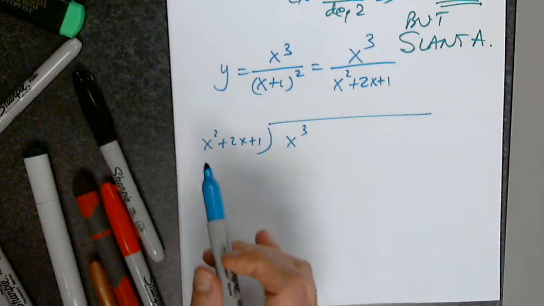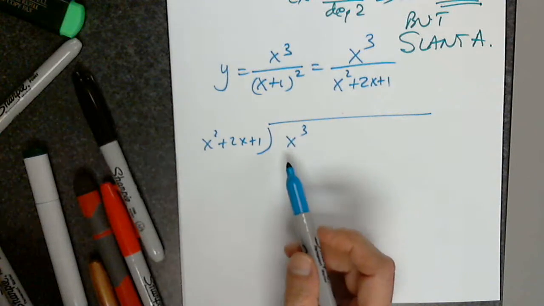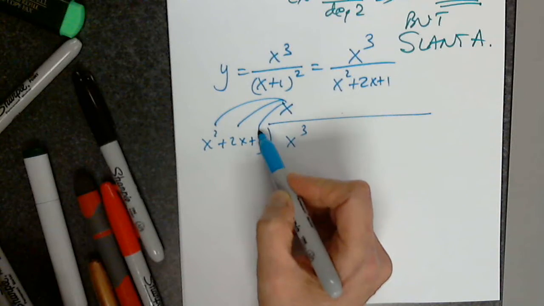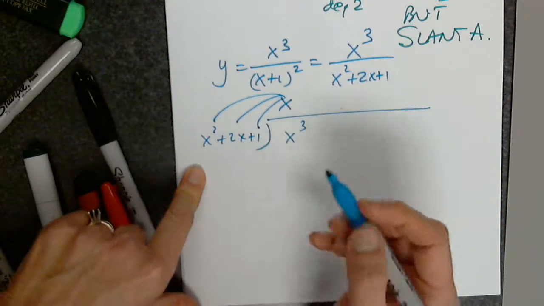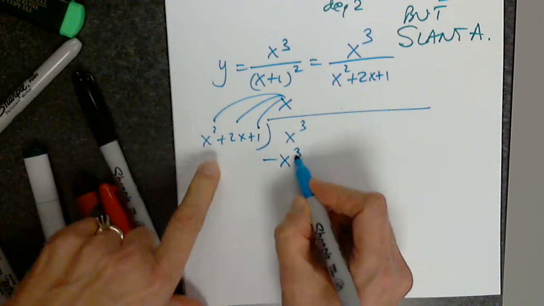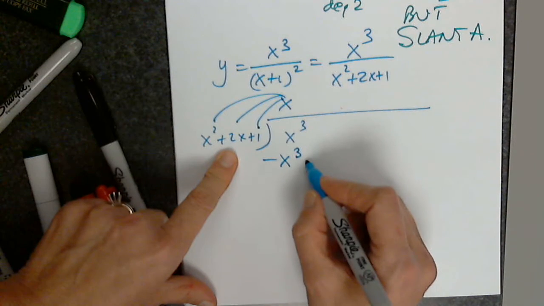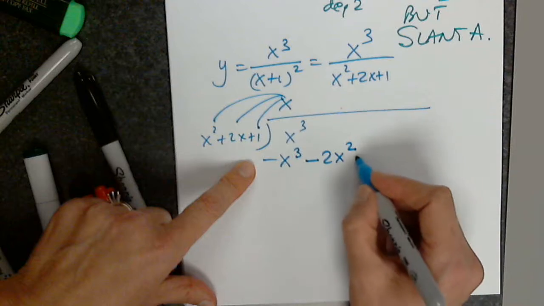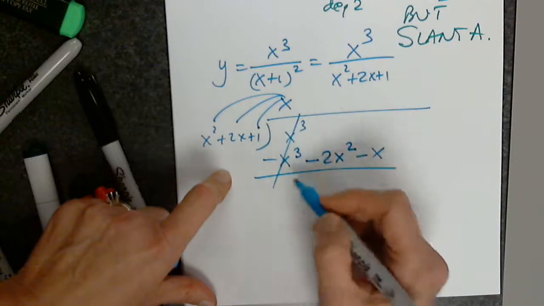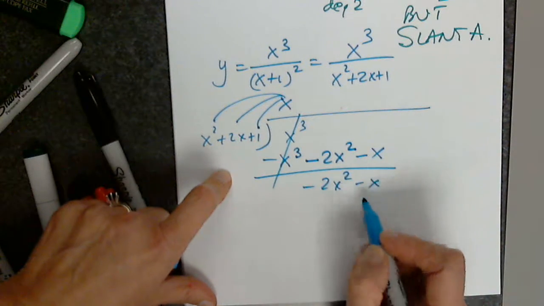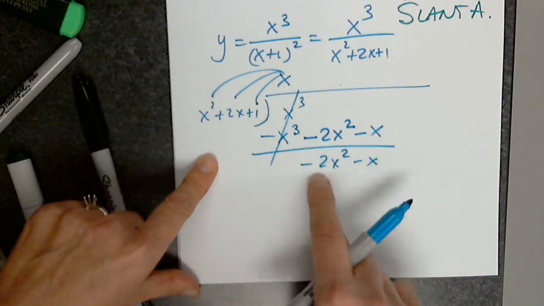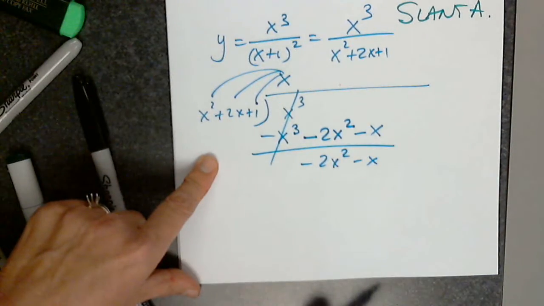Okay, so x squared times what is x cubed? X. I have to go back and distribute to all three. X times x squared is x cubed. I have to subtract. X times 2x, 2x squared. I have to subtract. And x times 1, x, I have to subtract. Negative 2x squared minus x. X squared times what is negative 2x squared?